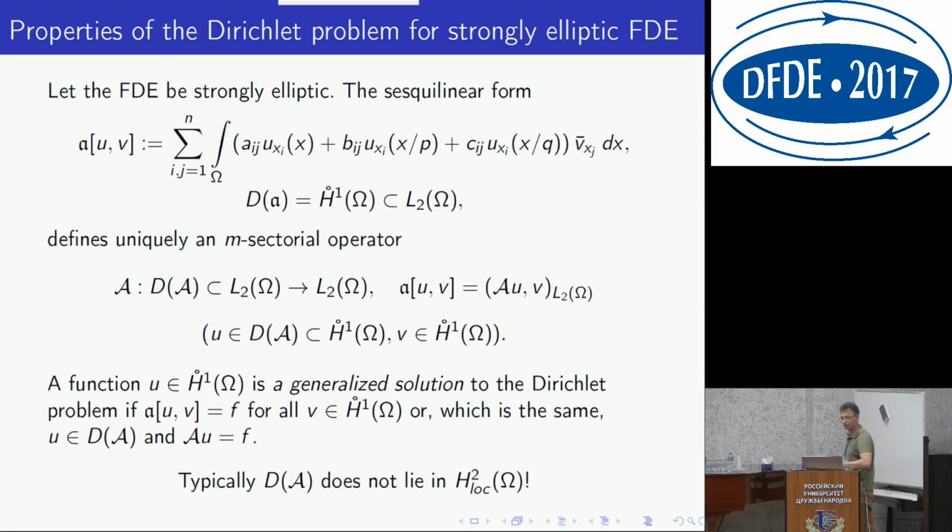Since Alexander Leonidovich Skubachevsky has just said all the important words about the consequences of the strong ellipticity, please let me mention this very briefly. Why is the Gårding type inequality important for us? It guarantees the well-known properties of the Dirichlet problem.